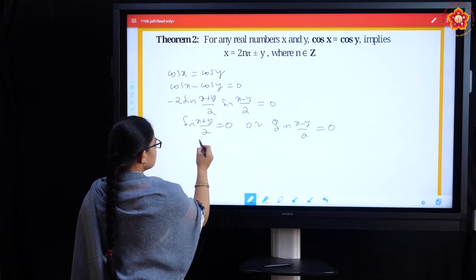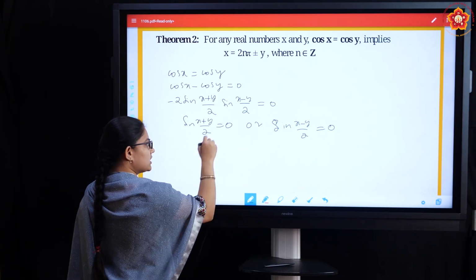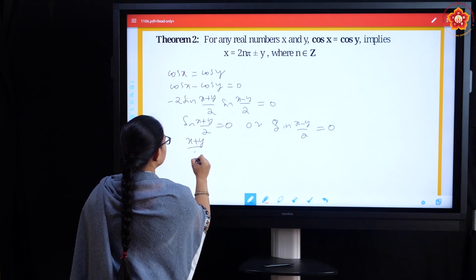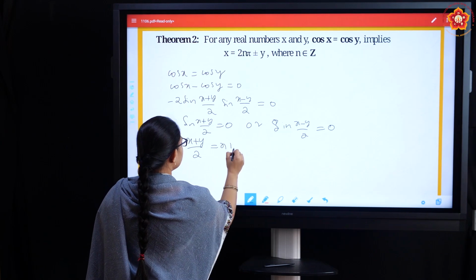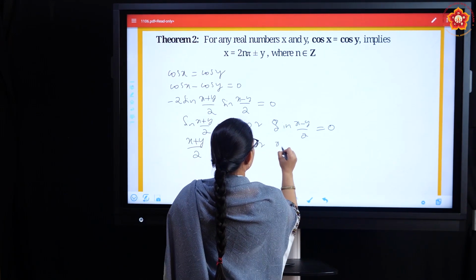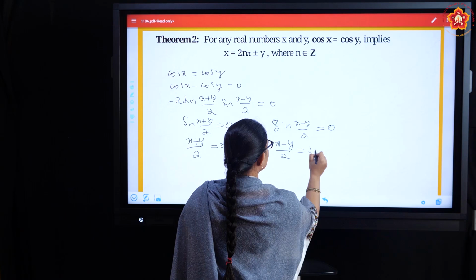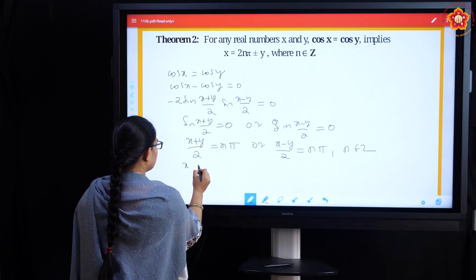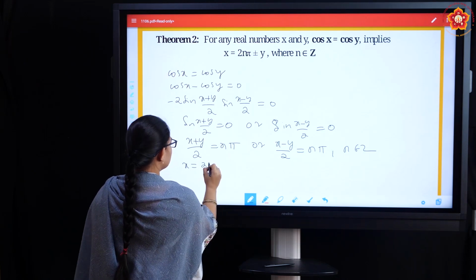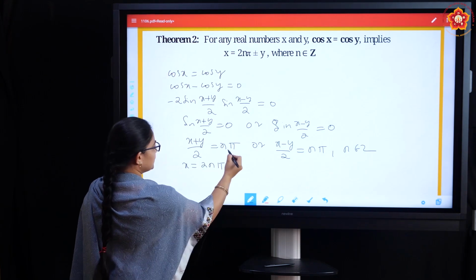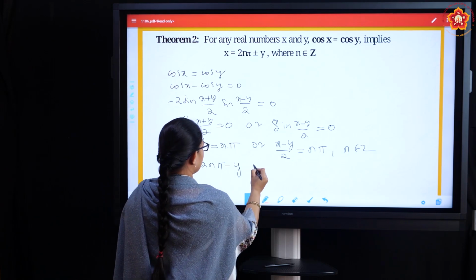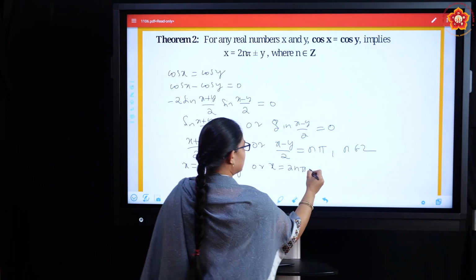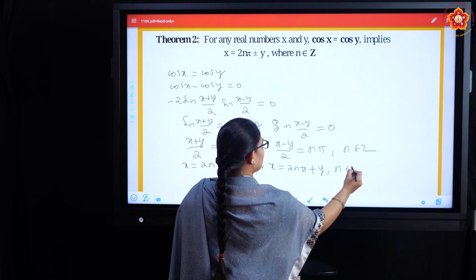So what this implies: sine of some angle is equal to 0 means that angle should be equal to n pi. So here the angle (x plus y) by 2 should be equal to n pi, or here the angle (x minus y) by 2 should be equal to n pi for n belongs to z, or I can rewrite that as x is equal to 2n pi minus y, or x is equal to 2n pi plus y for n belongs to z.